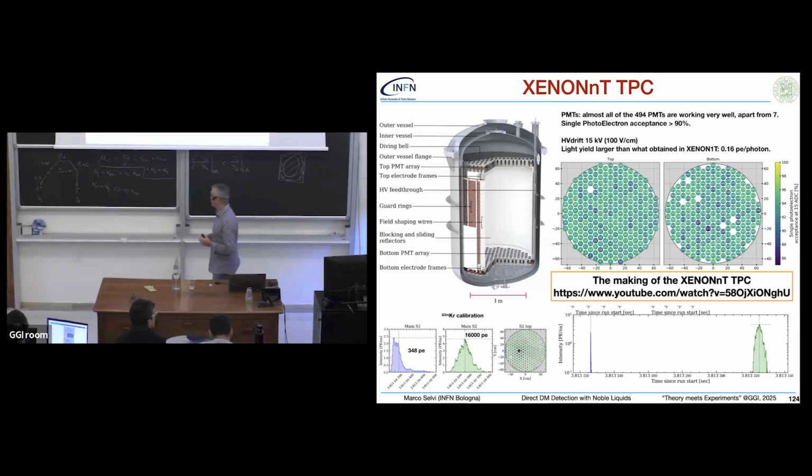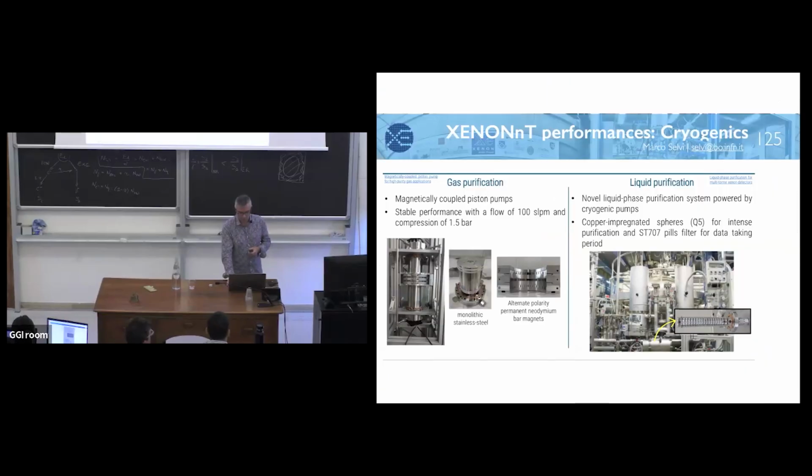So this affected the drift velocity, for instance, and so also the time needed to collect the electrons. On the other side, it improved the light emission. So anyway, at the end, we decided to go on because we could take good data, and I will show you some results in a while.